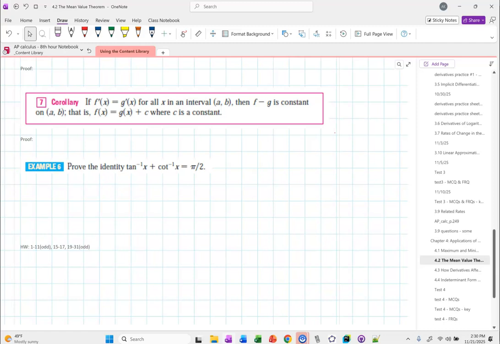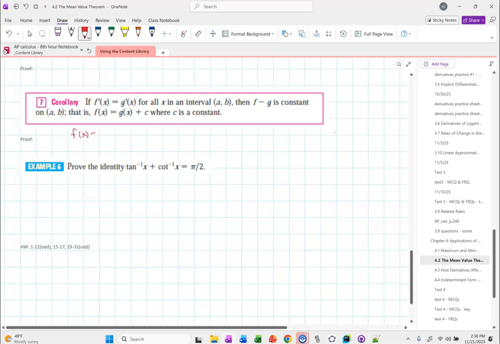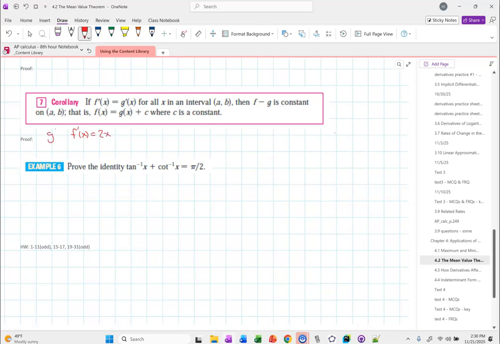So what we're saying is that if f of x and g of x are both equal to 2x, then f of x could have been x squared and g of x could have been x squared plus 1.